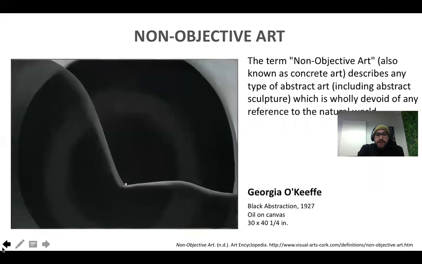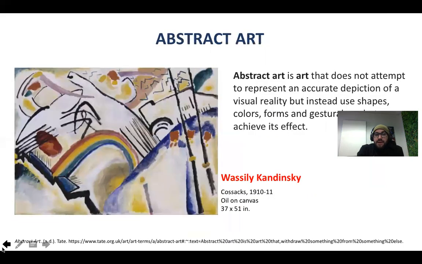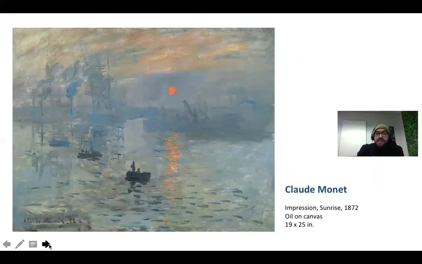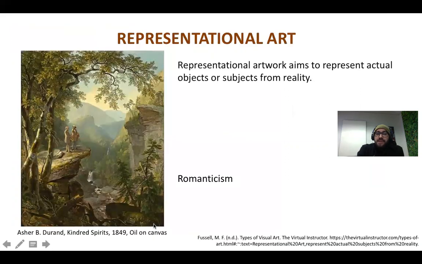I just wanted to go through these to give you a sense of each of these terms, how they're represented within the art world, and how they're used on different types of paintings. Again, representational usually represents objects and subjects from reality, things we're familiar with.